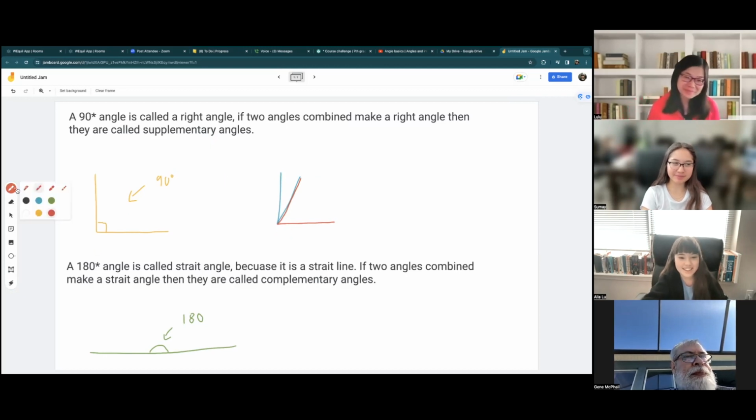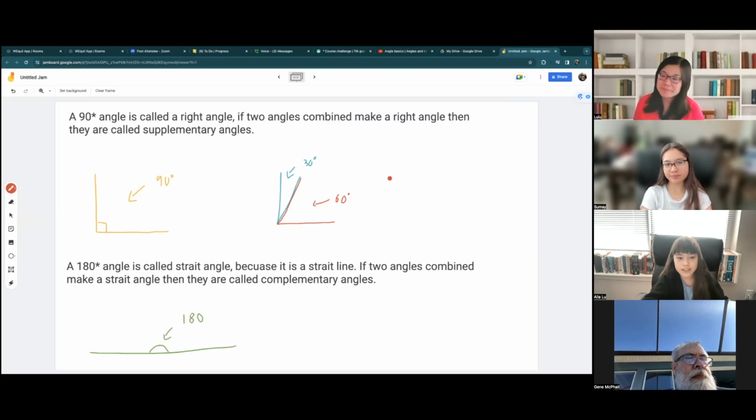Let's say this is not drawn to scale, by the way. Let's say this is 30 degrees, and this is 60 degrees. These two combined make a right angle, so they are supplementary angles.